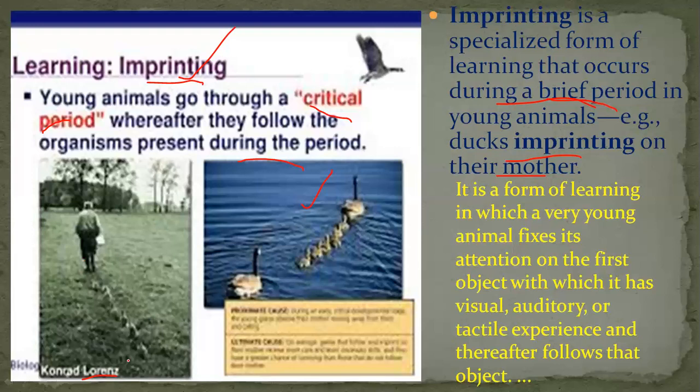It is not important that the mother goose is present. If any organism, a human, or any object is present, they follow the same prints of that person and perform the same activities.